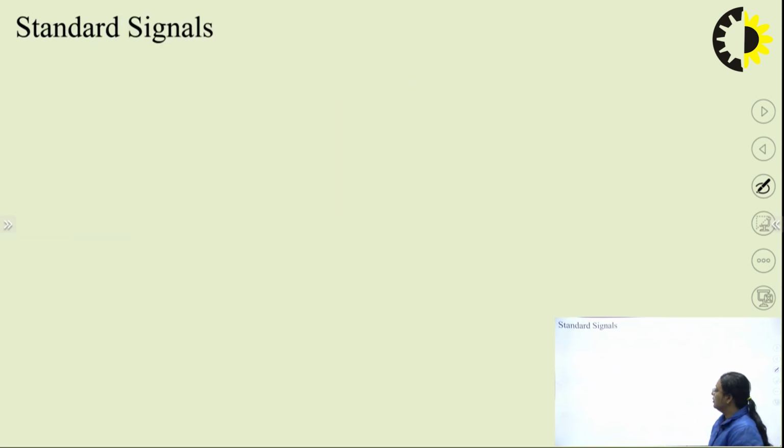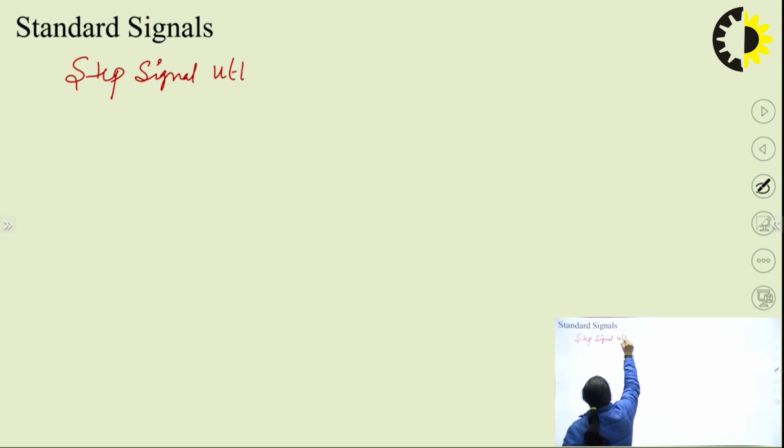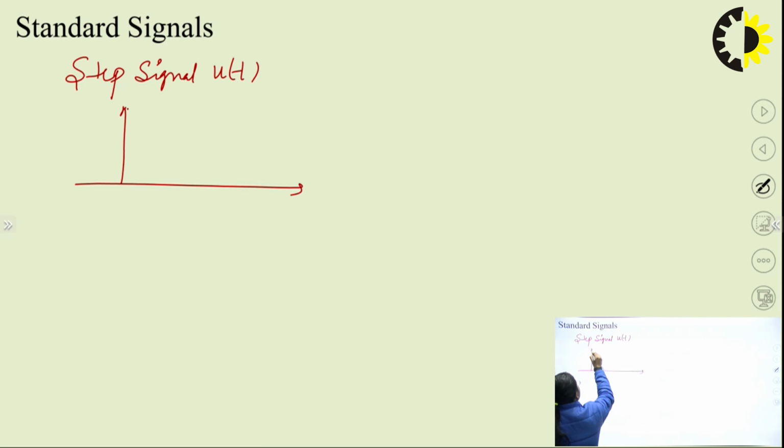Okay. So, the step signal you can represent by u(t), and graphically it can be represented as a horizontal line with amplitude, let's say A, parallel to the horizontal axis.